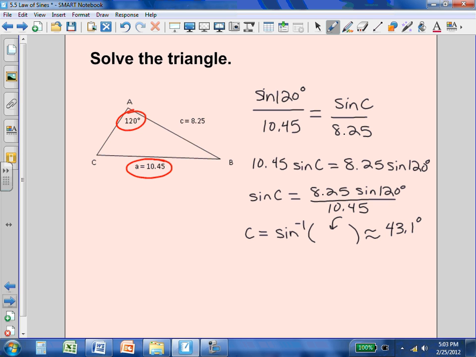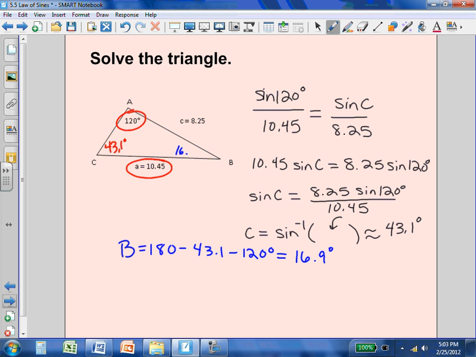Alright, so now if we have angle C is 43.1, that means that we can find angle B. We already found that this one was 43.1 degrees, and now we're going to find out what angle B is simply by taking 180 minus 43.1 and subtract 120 degrees, and we end up with angle B being just 16.9 degrees.